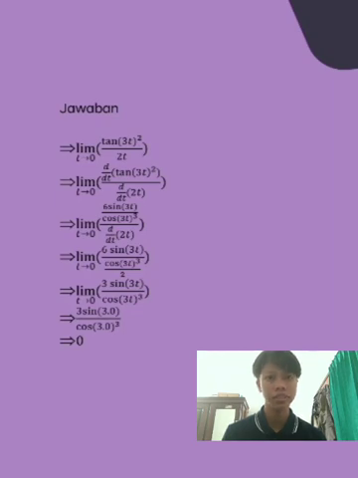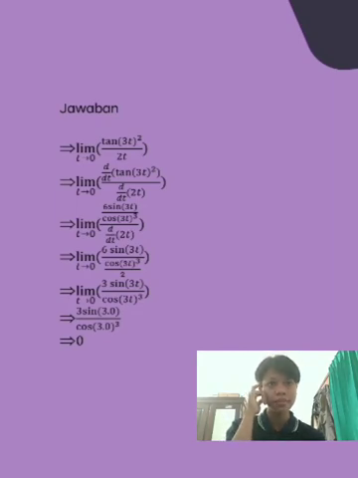Then break down the derivative again. We change it into 6 sin 3t over cos cubed 3t over 2, and then break down again.